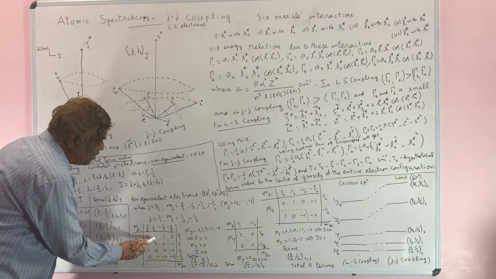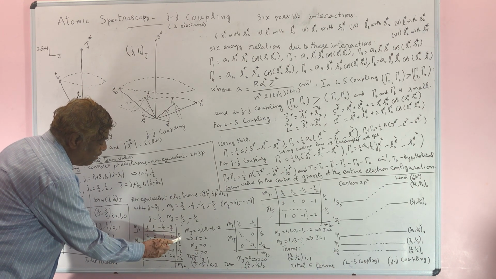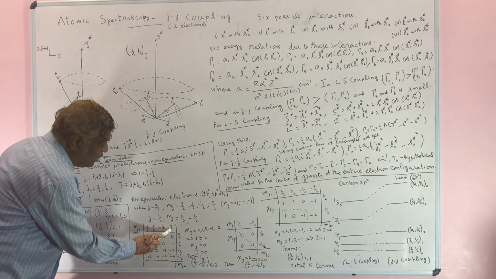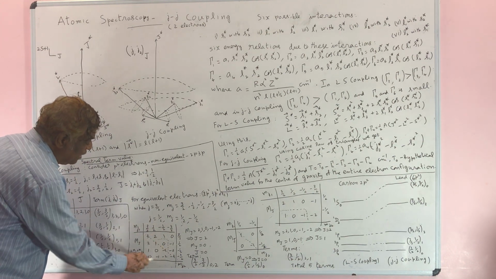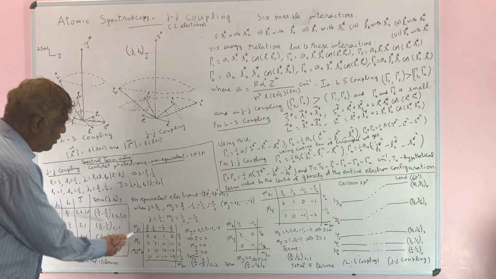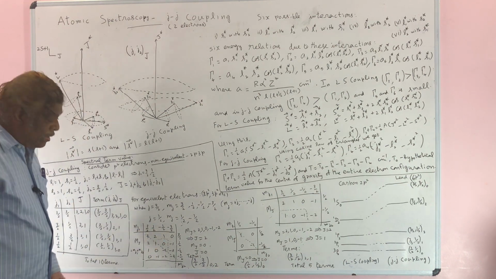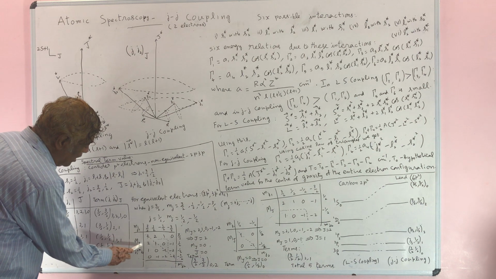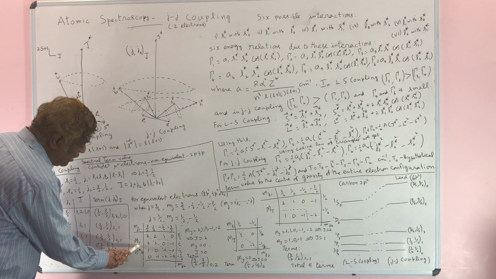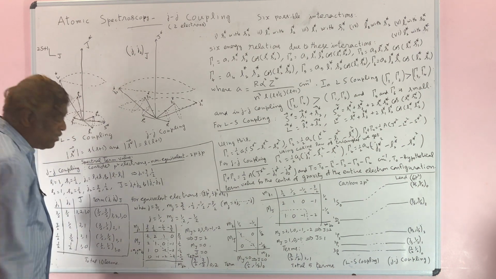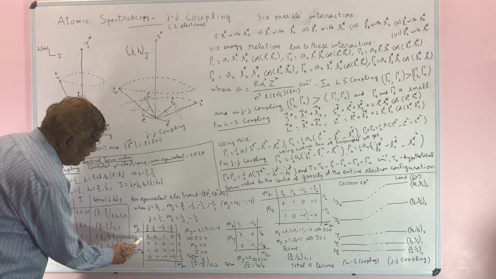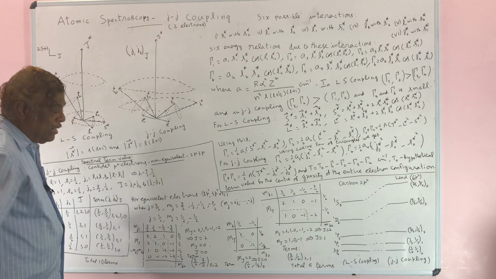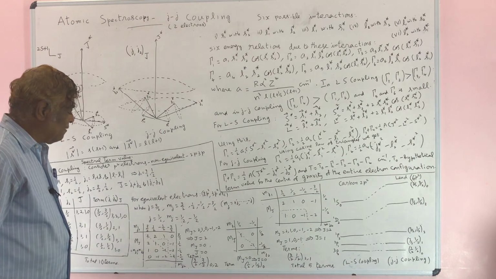Half plus 3 by 2 is 2. Minus half plus 3 by 2 is 1. Minus 3 by 2 plus 3 by 2 is 0. So each element here is the sum of Mj1 plus Mj2. So MJ, with capital J suffix, is equal to the sum of Mj1 plus Mj2. Using this relation, you can obtain all the elements.